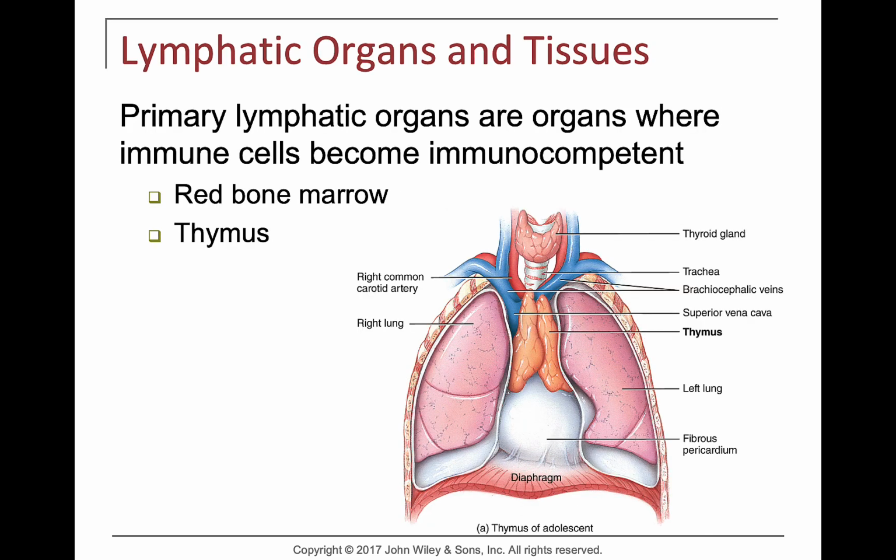So looking at a couple of the tissues, there are primary lymphatic organs and there are secondary lymphatic organs. Primary lymphatic organs are where you create some specific immune cells called B and T cells. B and T cells, as we will see, are involved in specific immunity where they have specific threats against specific things they have been exposed to before; it is acquired.